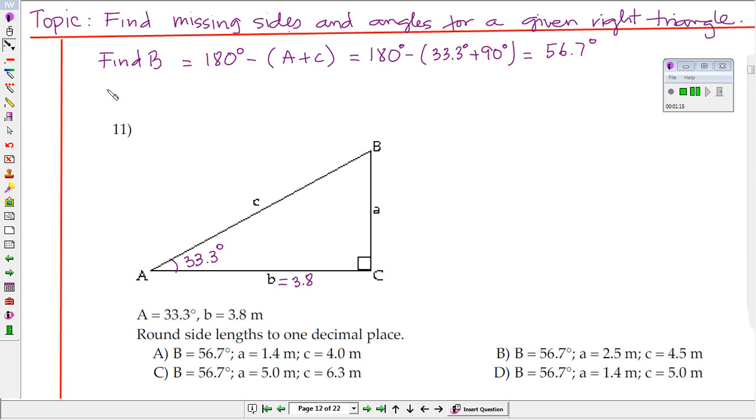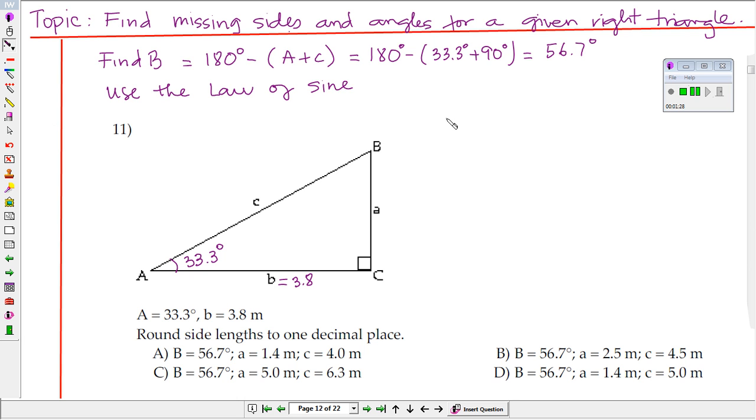Next we are going to use the law of sines. Now, do we have to use the law of sines? You don't have to. You can use the shortcut if you want to.